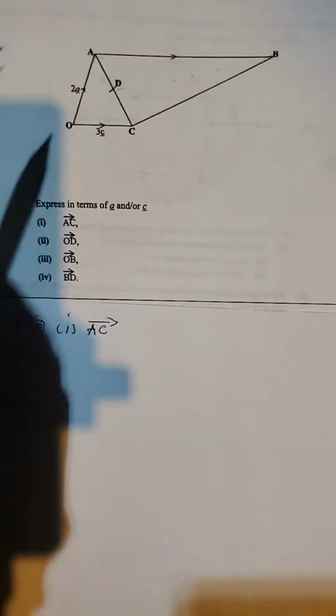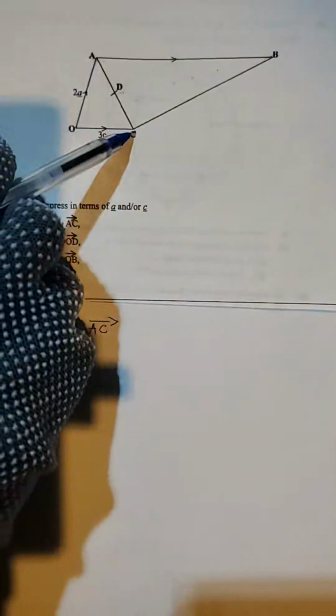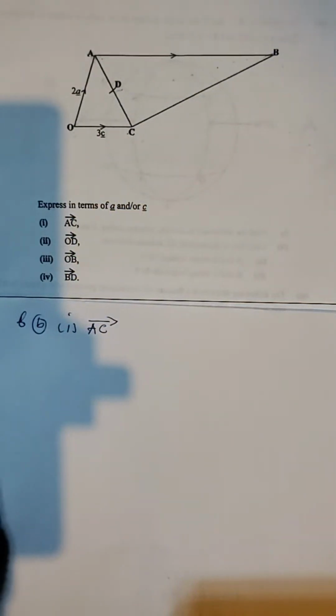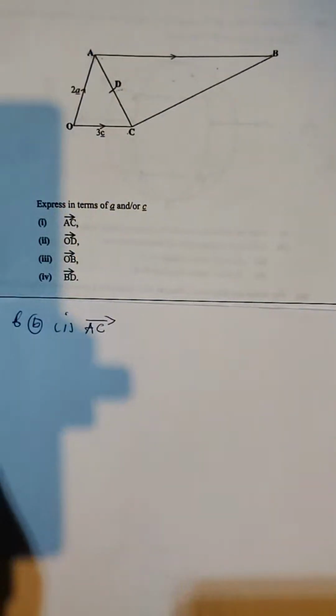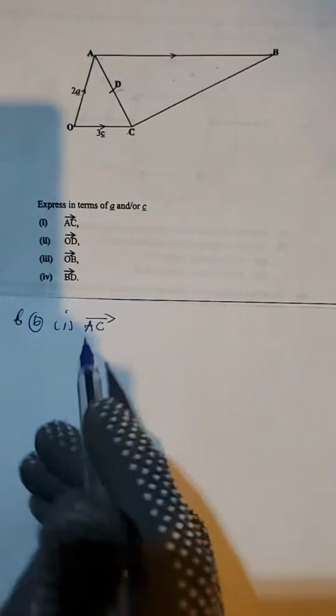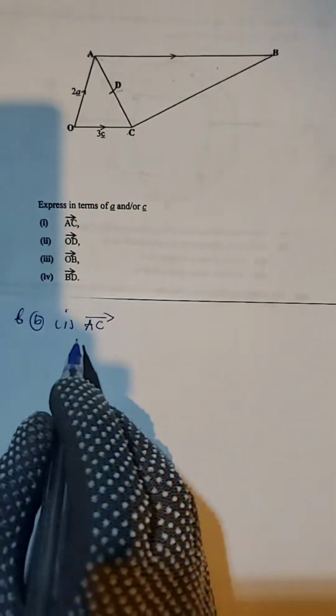Now, check. A is here, C. So, A is the origin. We're going to move AO plus OC. How about moving AB plus BC? Do we have vectors on this side? No, we don't. So we can't go this way. Here we have vectors. So, let's use that route.